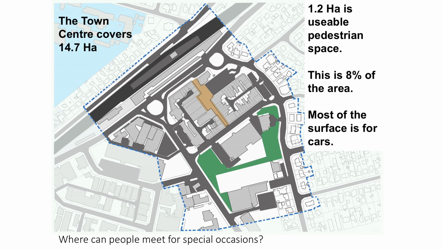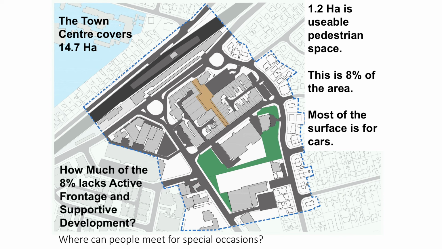These are shown in brown in the case of Hillary Court and green in the case of the parks around the swimming pool. This is about 8% of the area of the town centre, which, as a rule of thumb, is pretty good. The quality of the spaces is likely determined by the quality of the buildings at the edges.